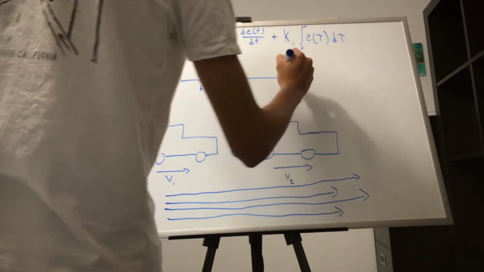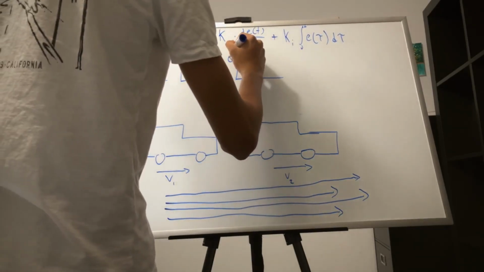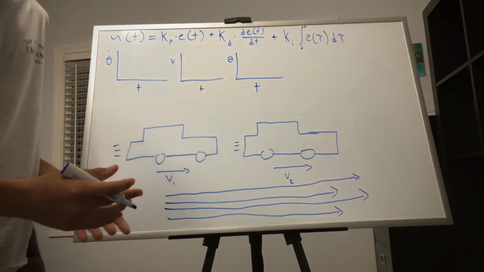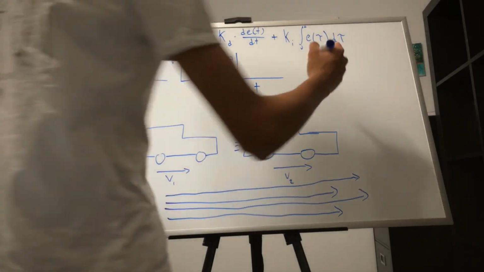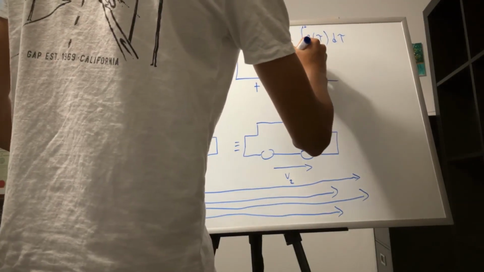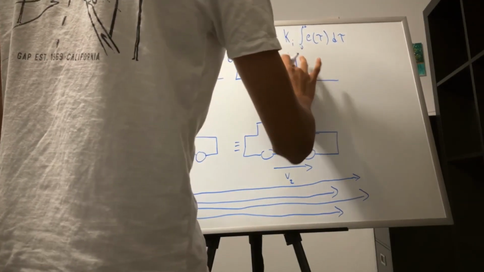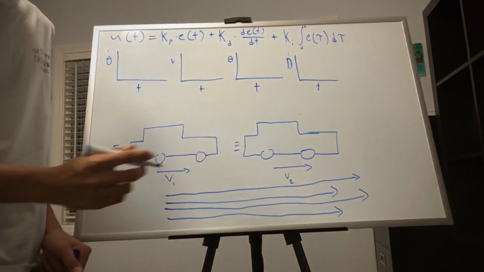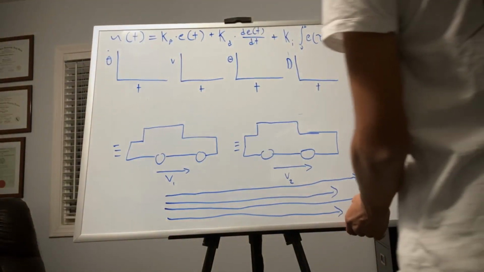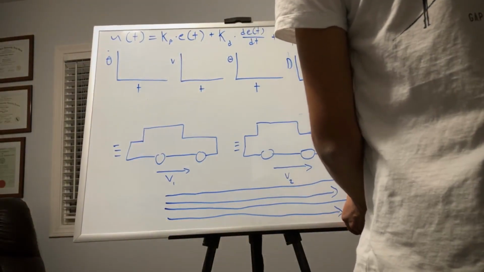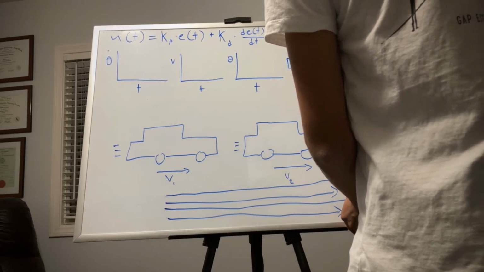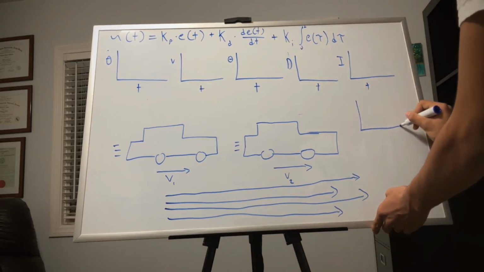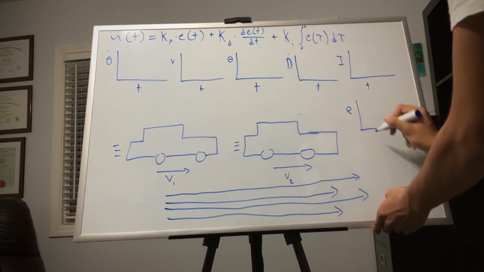We're actually going to add our pedal position versus time, and then we're going to have our derivative versus time, and then finally our fourth graph here, which is our integral versus time. Oh, sorry, and one more graph. We have right here our error versus time.